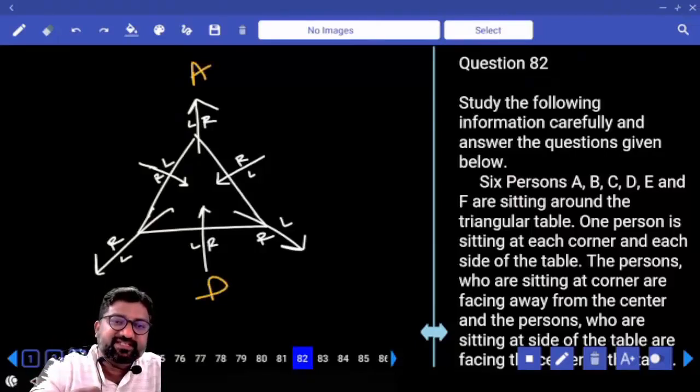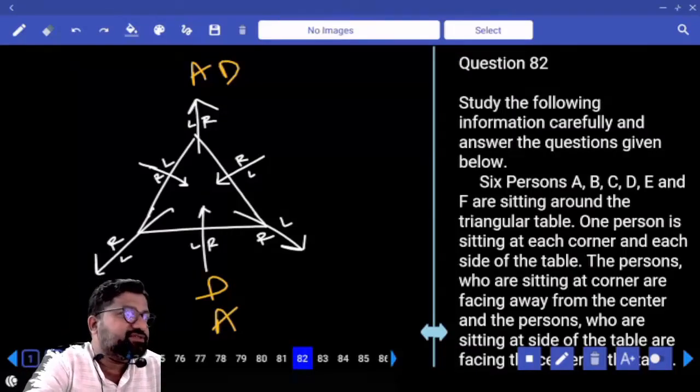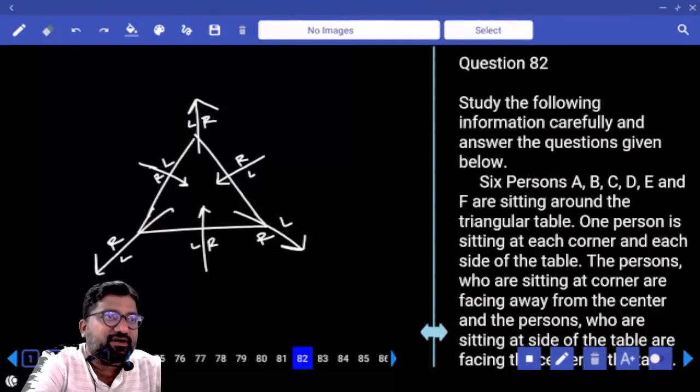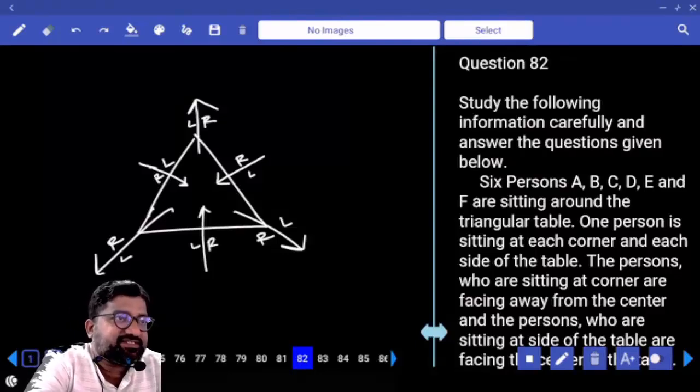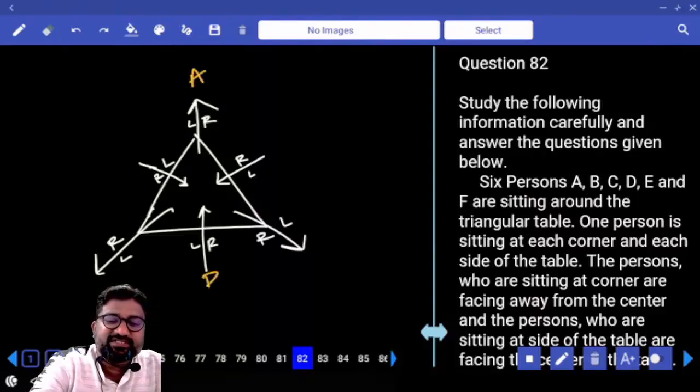Maybe D is facing the center and A is facing outside. Maybe this is A and this is D. How many possibilities? Two possibilities. Either A has to sit in the corner or A has to sit in the middle of the sides. Any one thing can happen. So first trial: A and D, two persons between A and D.